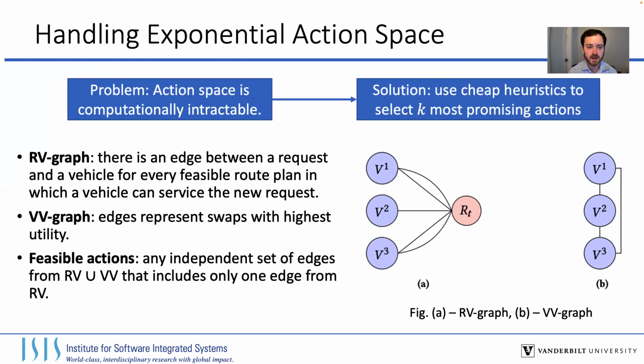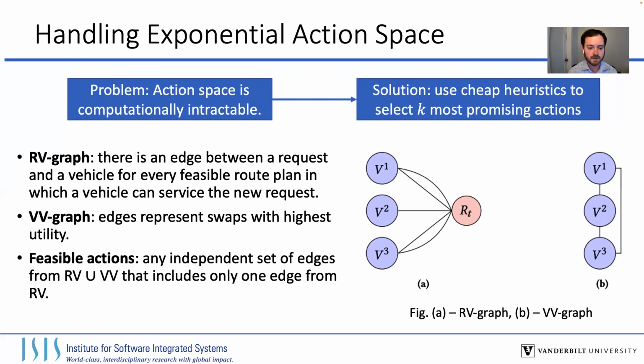The request vehicle graph, or RV graph, is a graph in which there is an edge between a request and a vehicle for every feasible route plan in which a vehicle can service the new request. The vehicle graph, or VV graph, contains edges between two vehicles, which represent the swap with the highest utility. In this case, a swap is moving one passenger that has not been picked up yet from a vehicle to another vehicle.